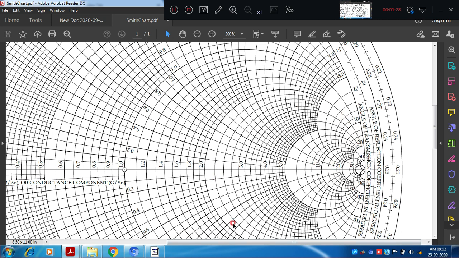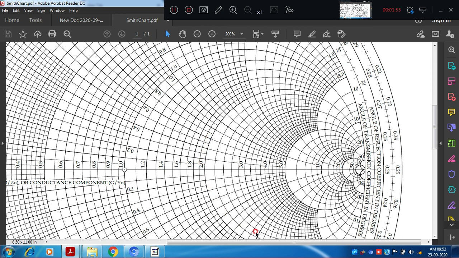What we are observing here are the constant resistance circles. Assume the value written here is 1.2; its corresponding constant resistance circle is the one below it. This is the 1.2 constant resistance circle. Here the value written is 2.0, so its resistance circle will be this one.